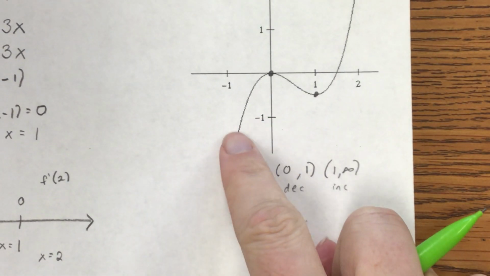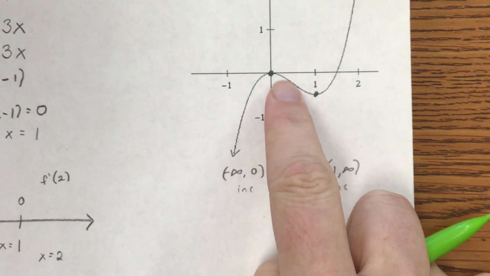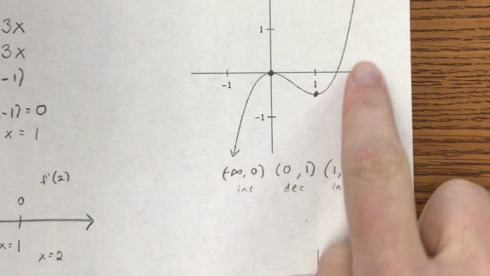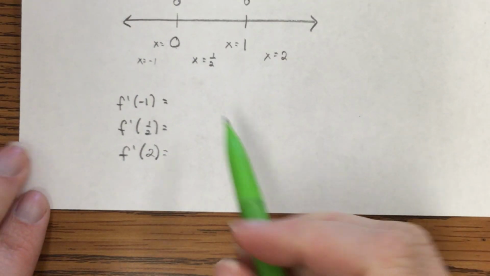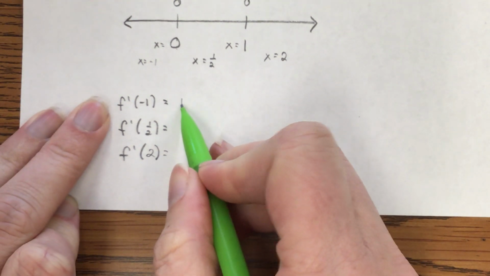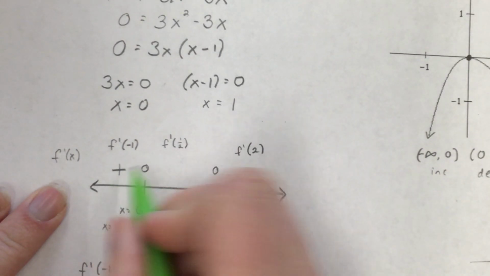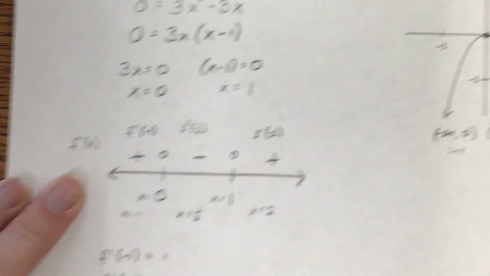If we look on here, we can see that at negative 1, we had a positive slope. At 1/2, we have a negative slope. And at 2, we have a positive slope. So we know that those f primes are positive, negative, and positive. So we're going to put a plus here, a minus here, and a plus here.